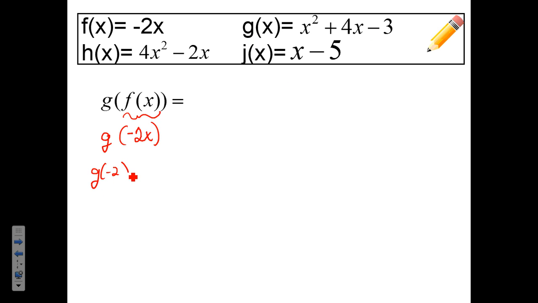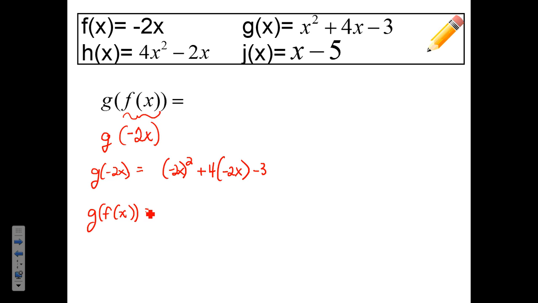So g of negative 2x is equal to negative 2x squared plus 4 times negative 2x minus 3. Now remember what I said. This seems a little complicated, so we can go back to the original notation when we're talking about compositions. Only when we're talking about compositions can we do that.